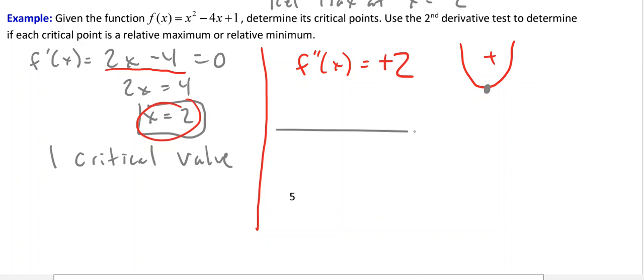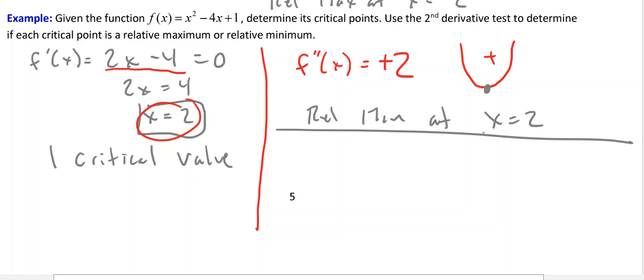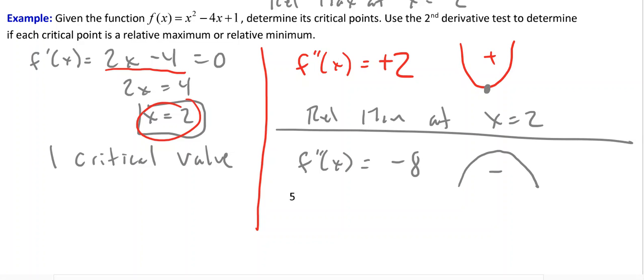So we have a relative minimum at x equals 2. Let's just suppose we had a second derivative that was negative 8, a constant that was negative. Well, that means that it's always going to be concave down, which means that our critical value would have to be a relative maximum.